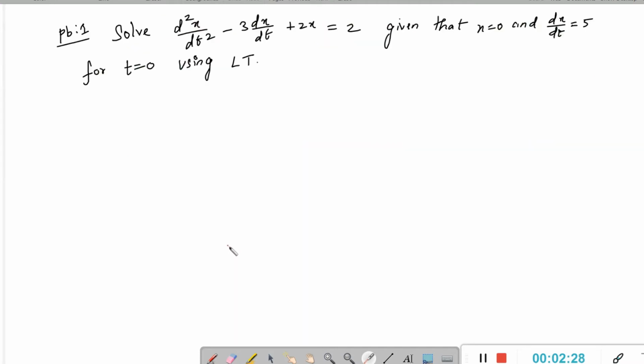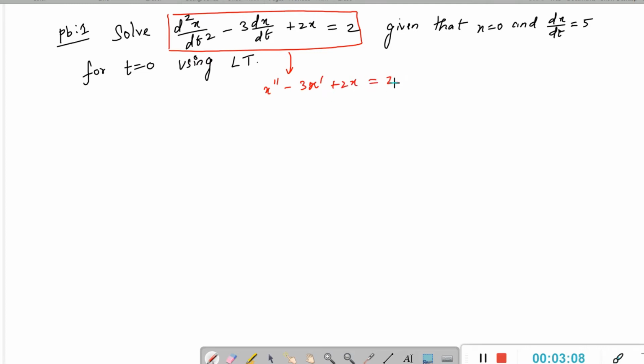Next one. Problem number 1. Solve the second order differential equation given that x is equal to 0, dx by dt equal to 5 for t equal to 0 using Laplace transform. Sometimes instead of this ordinary differential equation, they will give it like this: x double dash minus 3x dash plus 2x equal to 2.